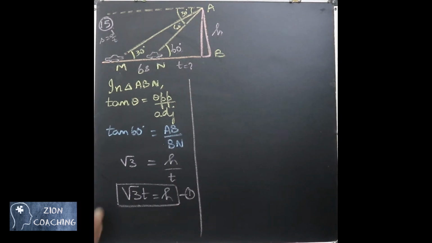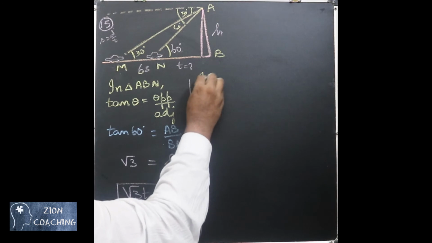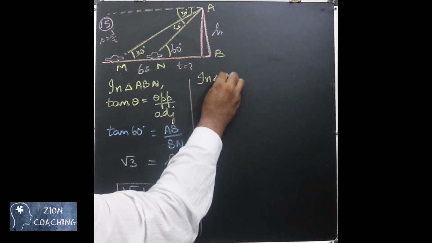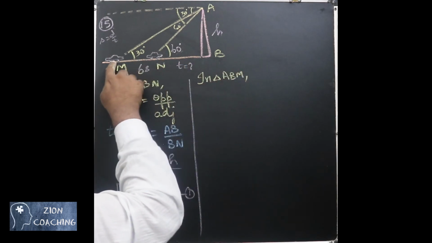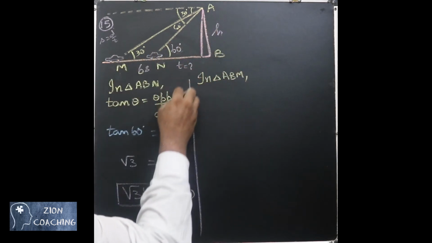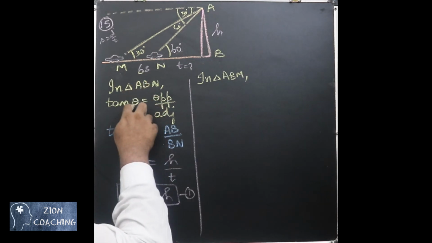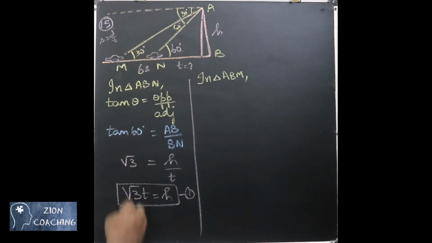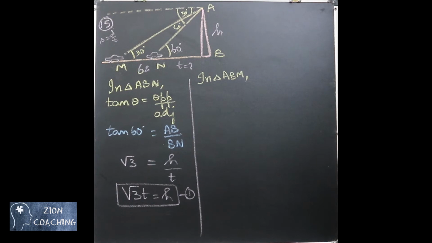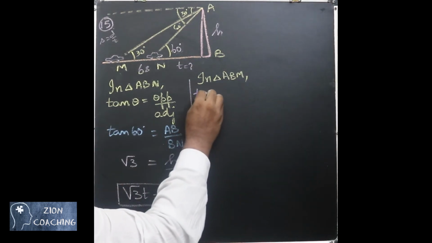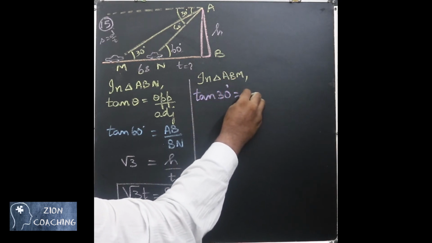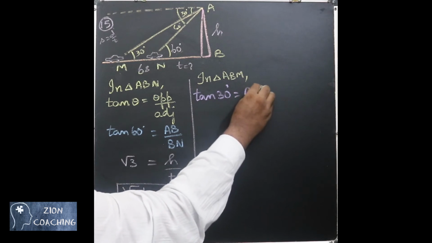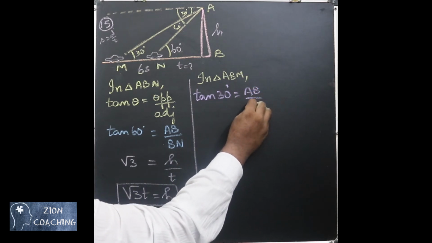Now considering the bigger triangle, in triangle ABM, again we are going to relate the opposite side and the adjacent side. So we are going to consider tan, but the angle now is 30 degrees, so we are going to have tan 30 degrees equal to opposite side, that is AB, by adjacent side, that is MB.